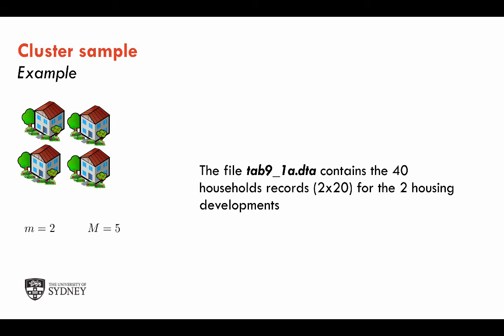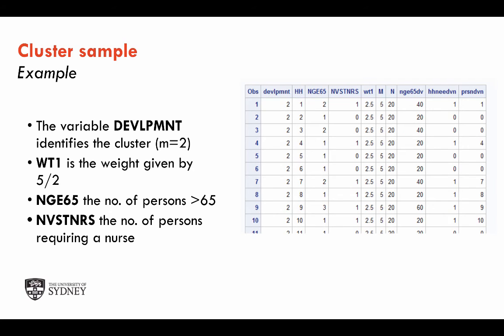The file tab9_1A.dta that you can find in the dataset folder is going to be used for this example. And the variable of interest here is going to be development, which identifies the cluster of each house. So each line in the dataset represents 1 house.